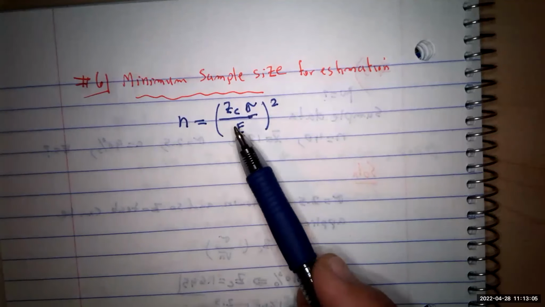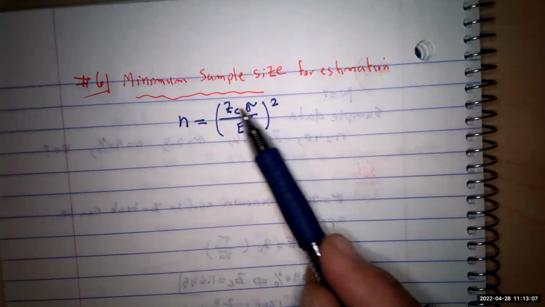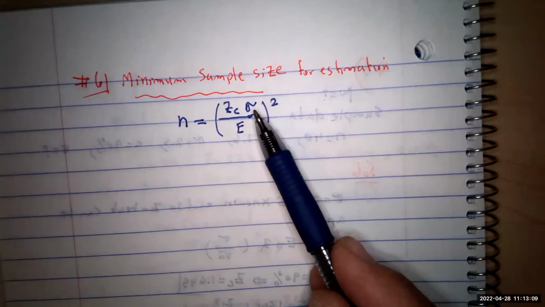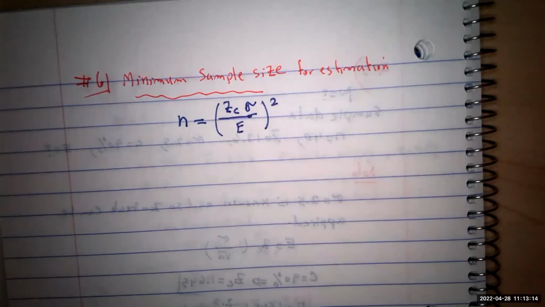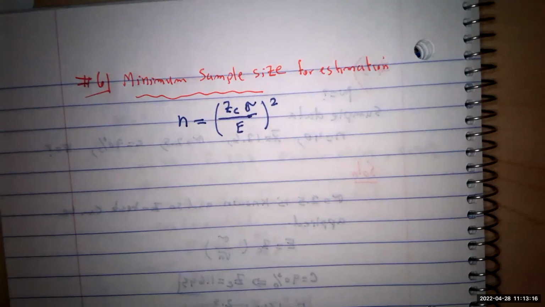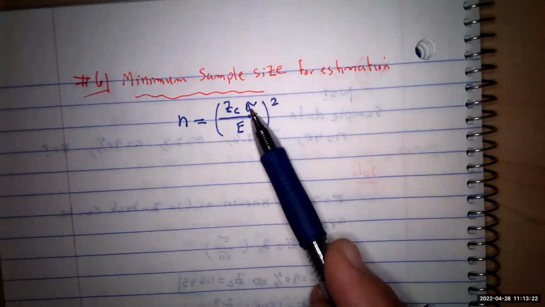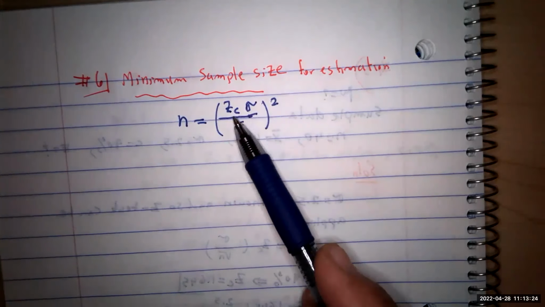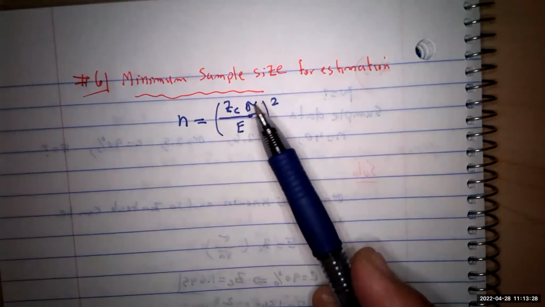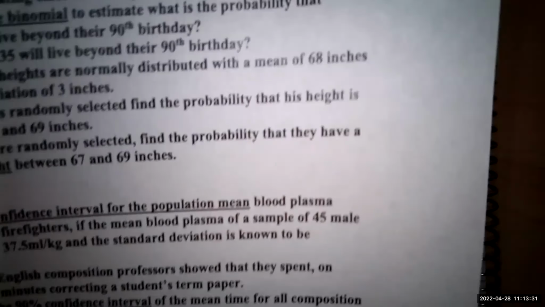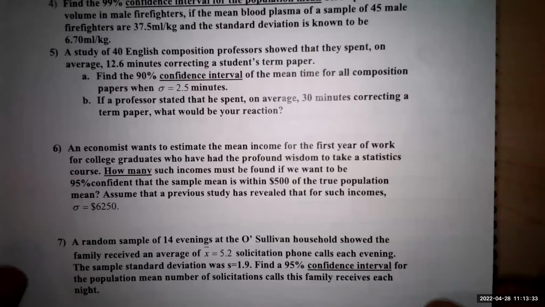When you write it down for yourself, the square is on top of everything. So you have to do the simplification first, then the square. Otherwise, it's a straightforward problem. Three numbers will be given to you: sigma, E, and C. You have to find the ZC and then get there. This is number 6.